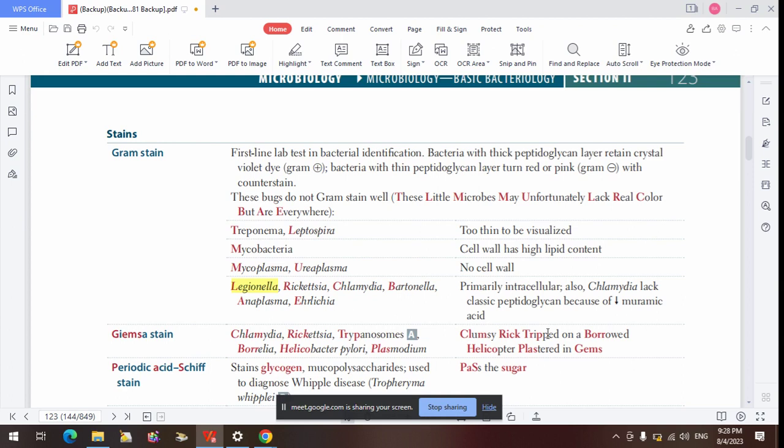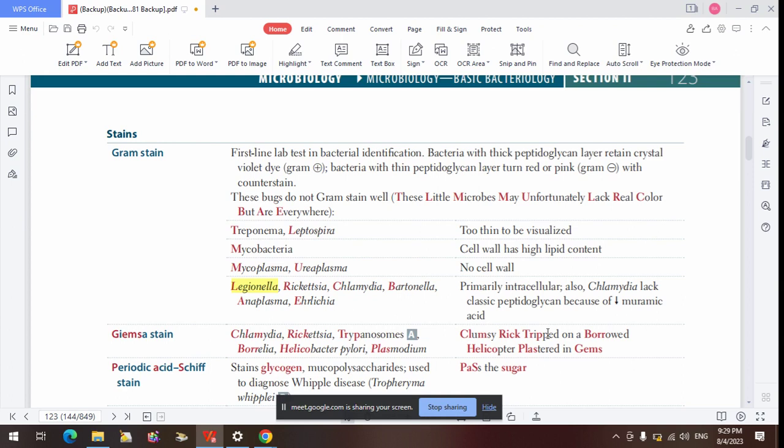So that's the acronym, CABLE. C for chlamydia. Whenever we remember chlamydia, the next thing that should come to mind is rickettsia. They go together; we are going to appreciate that as we go further in our discussion of this microbiology. A, anaplasma. Anaplasma like staying in the granulocyte.